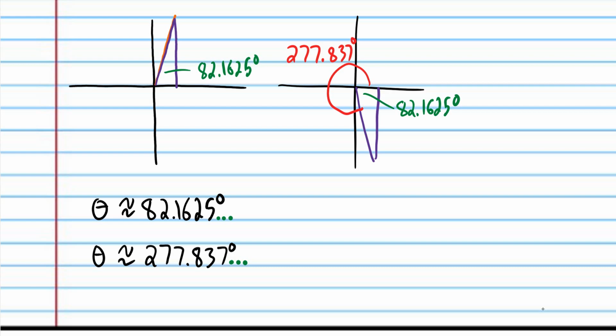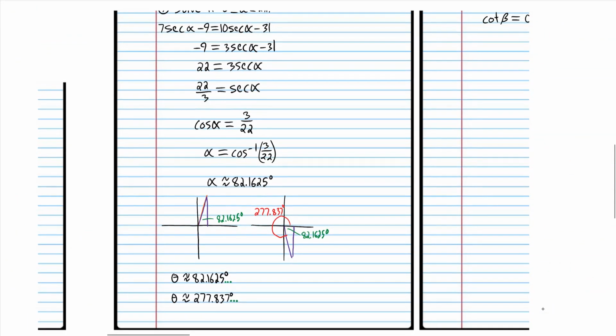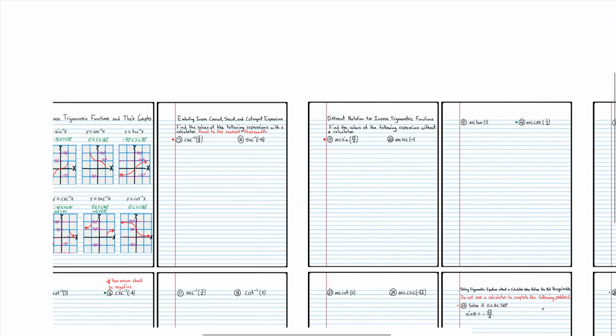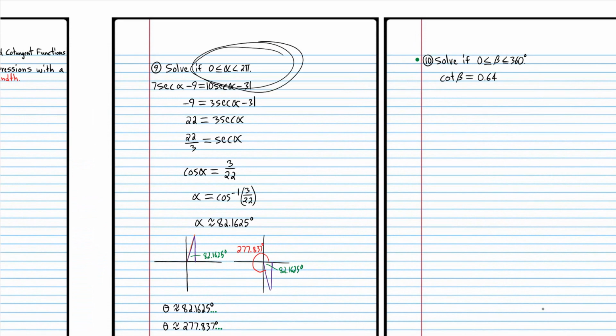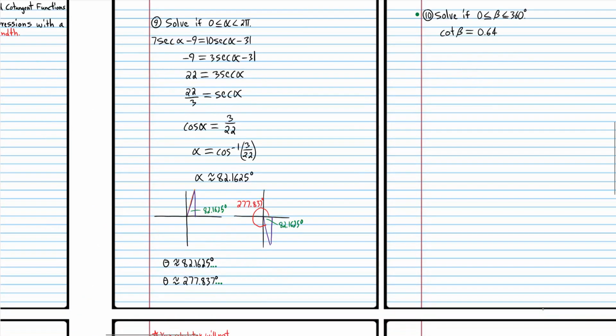Now remember, we're looking for the answers in radian units because it says up here, find alpha between 0 and 2 pi.